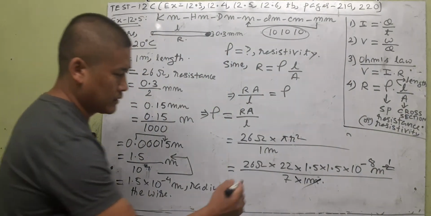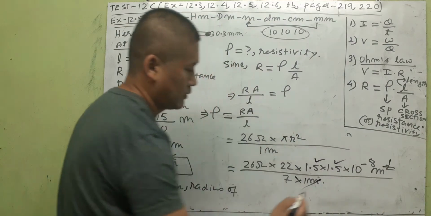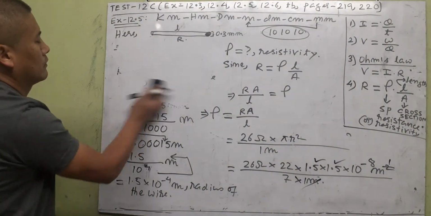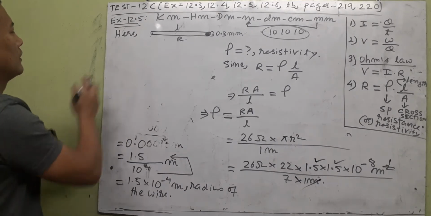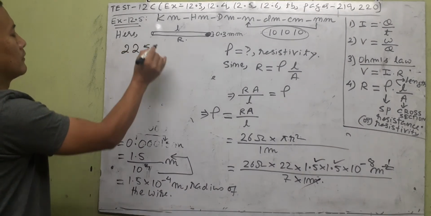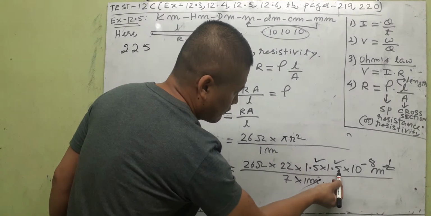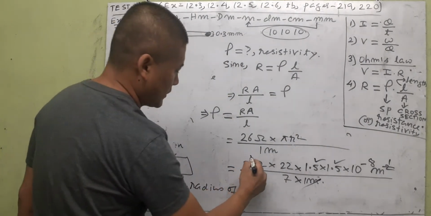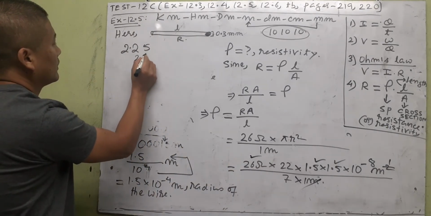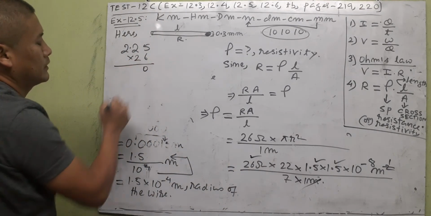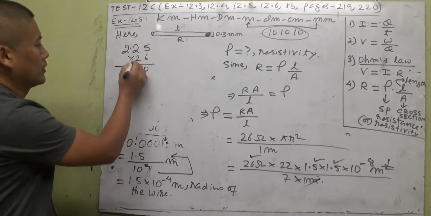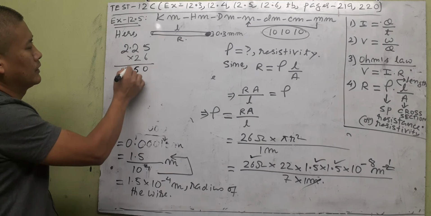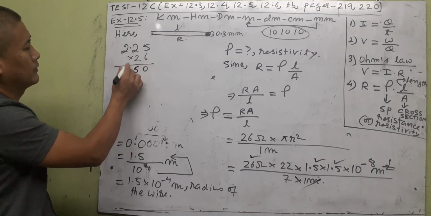Now let us multiply these parts. We know from memory that 15 into 15 is 225, with 2 decimal places. Then multiply this by 26 first: 6 5s are 30, 6 2s are 12, 13, 2 5s are 10, 2 2s are 4, 5, 4.